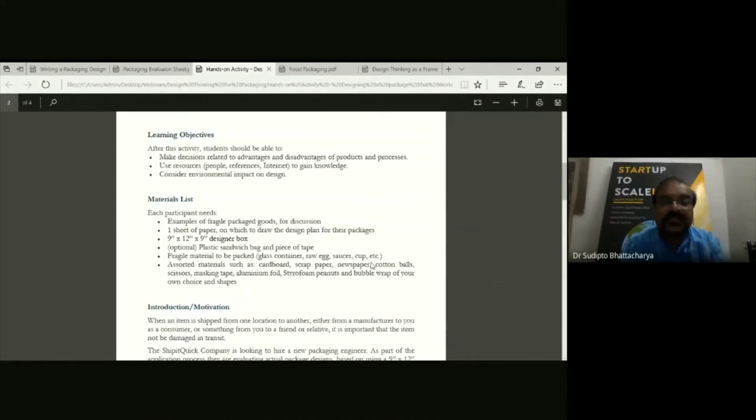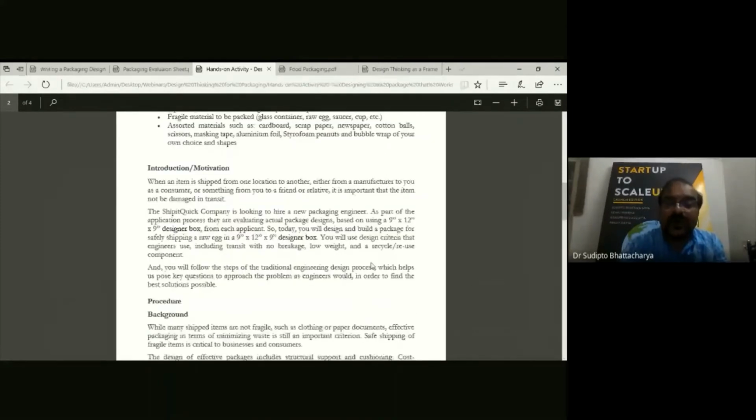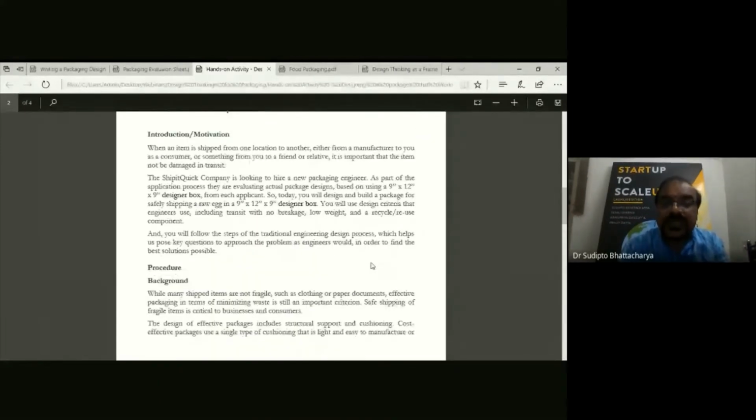Then I asked you to prepare for it like a Ship It Quick company. So this is a new packaging engineering company, and you have to put these fragile things into the 9 by 12 by 9 inch designer box, and there you have certain restrictions.